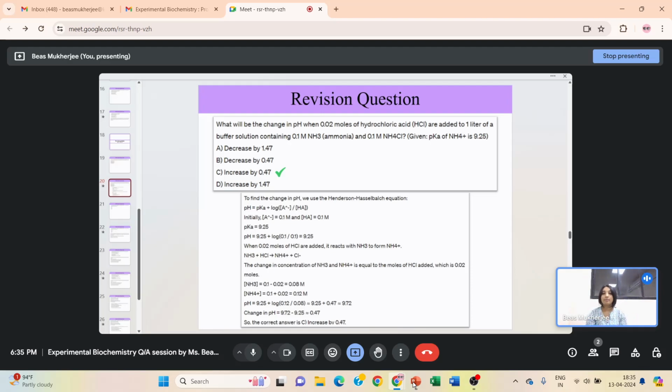Now what happens? The pH is coming to be 9.25 if you solve according to the Henderson-Hasselbalch equation. If you remember Le Chatelier's principle, when the reactants are more, the reaction equilibrium shifts towards the product side, so more of the product will now get formed.